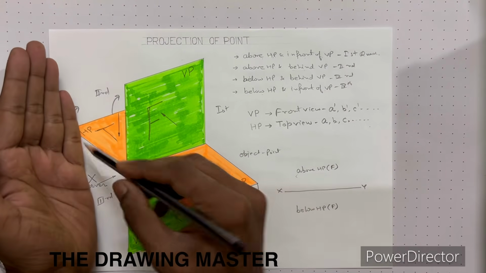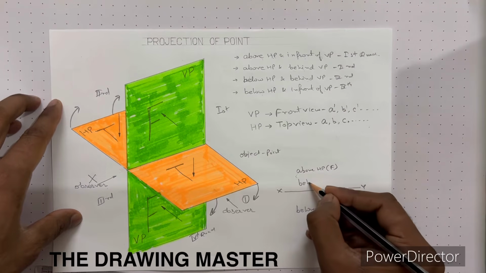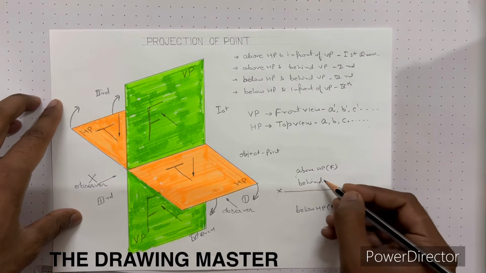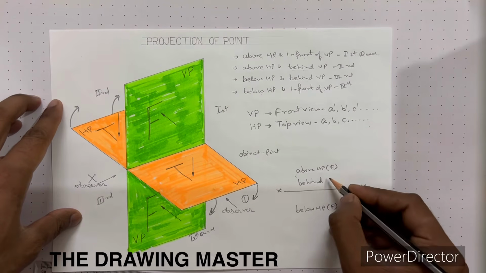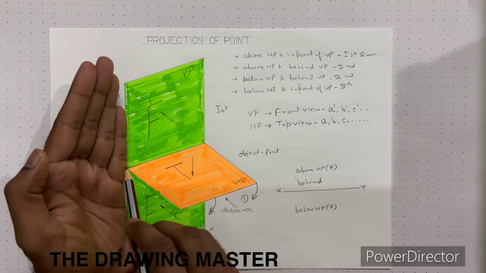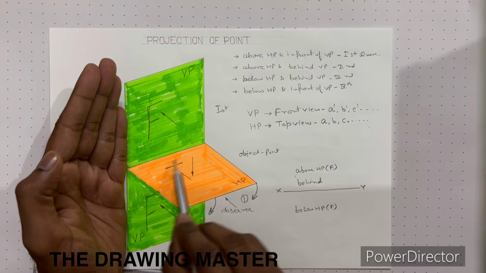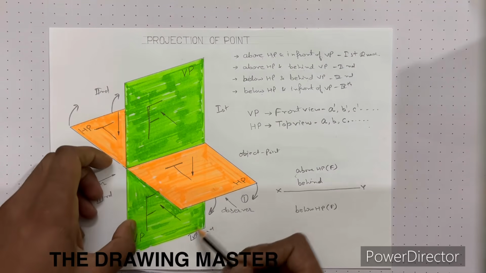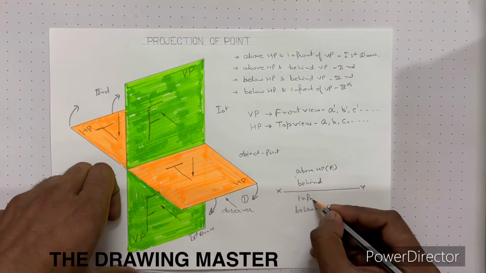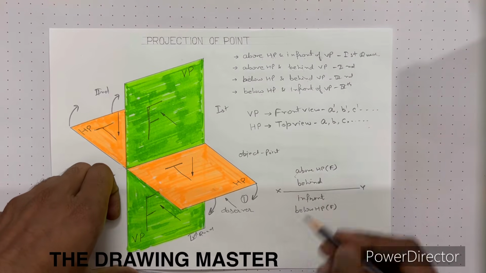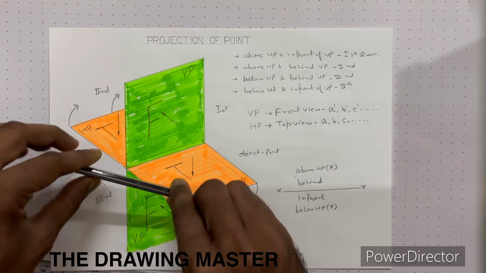The part behind VP will come above the reference line. So here we have to draw behind. Whatever data is there behind VP, we have to draw above the reference line. Now whatever the drawing or projection is there in front of VP on this plane, it will go down after the rotation. This part is important. Behind will go up and in front will go down.